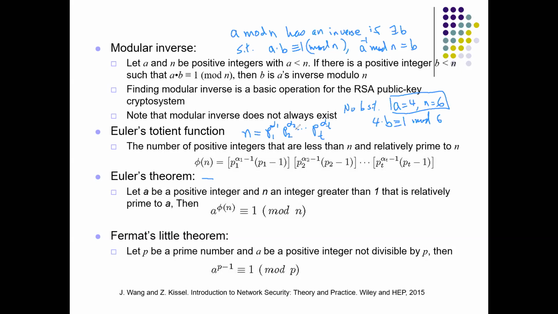And then the totient function of n is equal to the product of P_i to the power alpha_i minus 1 times P_i minus 1, for each of these P. So let me change this to i, then i from 1 to t. So that is the Euler totient function.